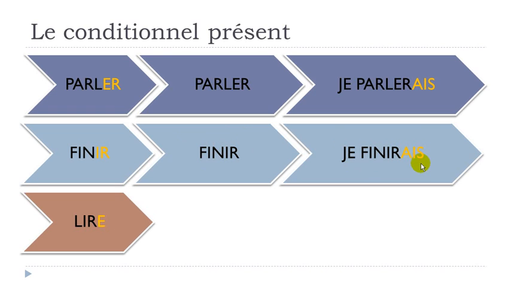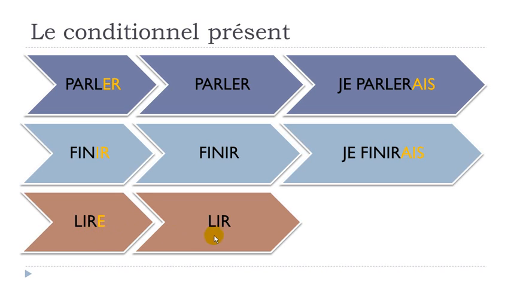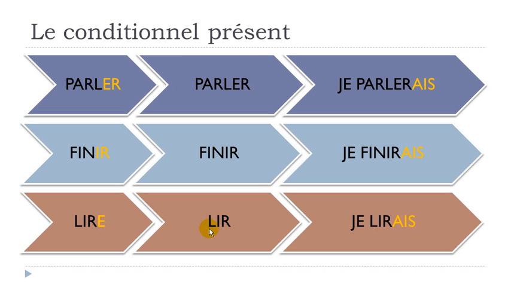Okay? For the third group of verbs, of course, we will have some exceptions. So we'll see that a bit later in this lesson. But still, the main rule is if it's ending like lire, to read, with a final e, well, the idea is that you will take this away, as we quite usually do in French, okay, and after that you will add your ending.